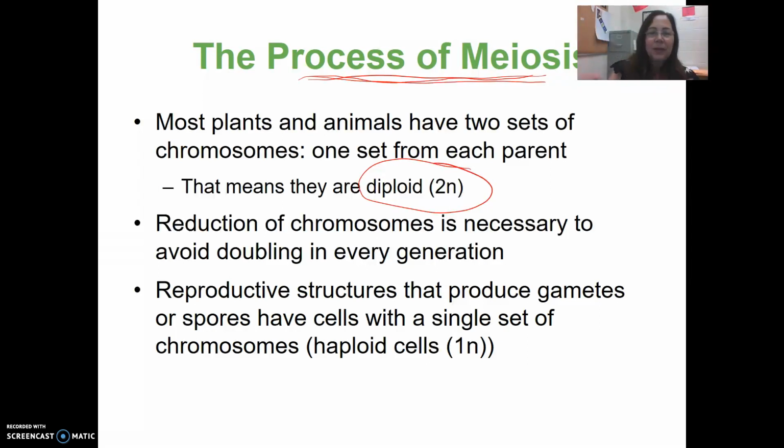Reducing the chromosome number by half in meiosis is necessary because otherwise in every generation you would double the number of chromosomes.